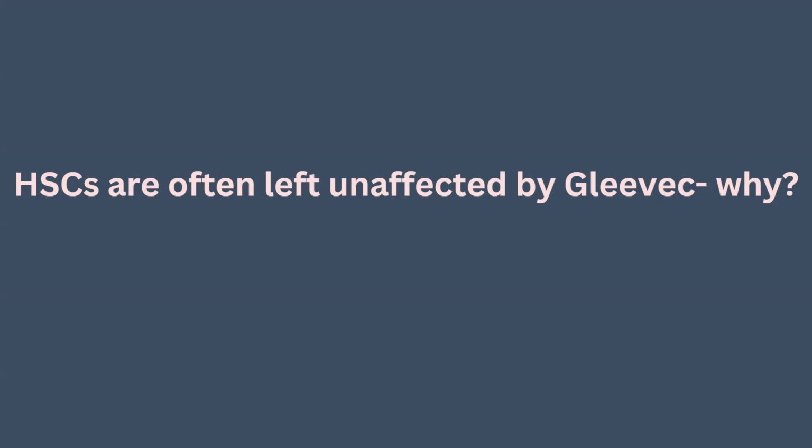I don't know if this is the correct answer, the only answer, but they talked about how there are other kinases present in these stem cells that are working, so even if imatinib gets into the stem cells and is disabling BCR-ABL, the cells don't go into apoptosis because they have another kinase they can depend on, and they don't die. And then when they differentiate, they lose that other kinase. I know that's something we discussed in class. I don't know if that's the correct answer.